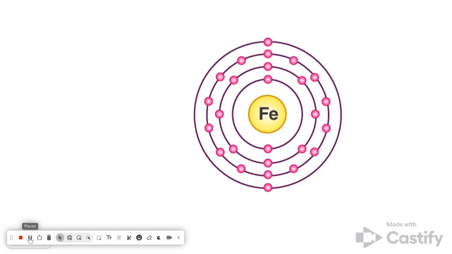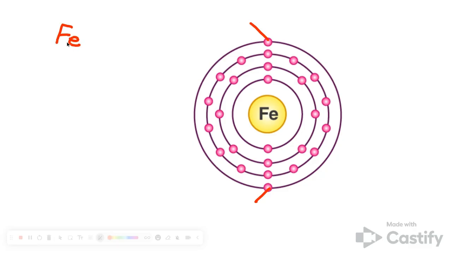Now there are exceptions. I said at the beginning of the video, the exceptions are the transition metals. So if we look at iron here, what do you think iron's valence electrons are? I mean, we have one over here and we have one over there. So you would probably say that you would put Fe, and then you would say, well, it has two.